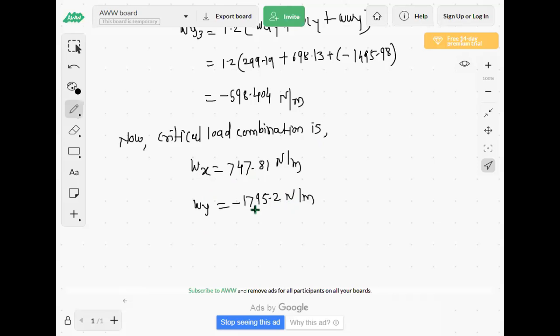Here the negative sign indicates uplift pressure. So don't consider the negative sign while selecting your maximum load. This is load; it may be negative or positive. Negative means uplift and positive means downwards. So these are the two critical loads we got.